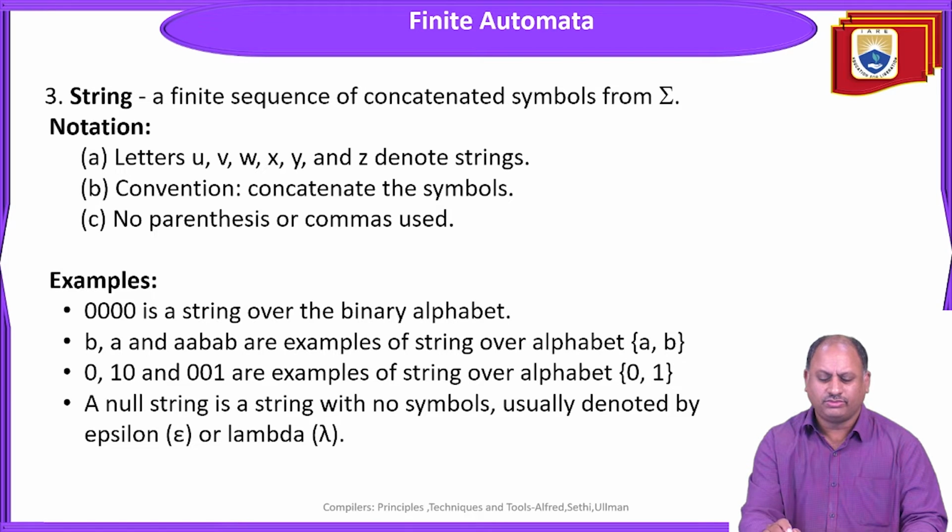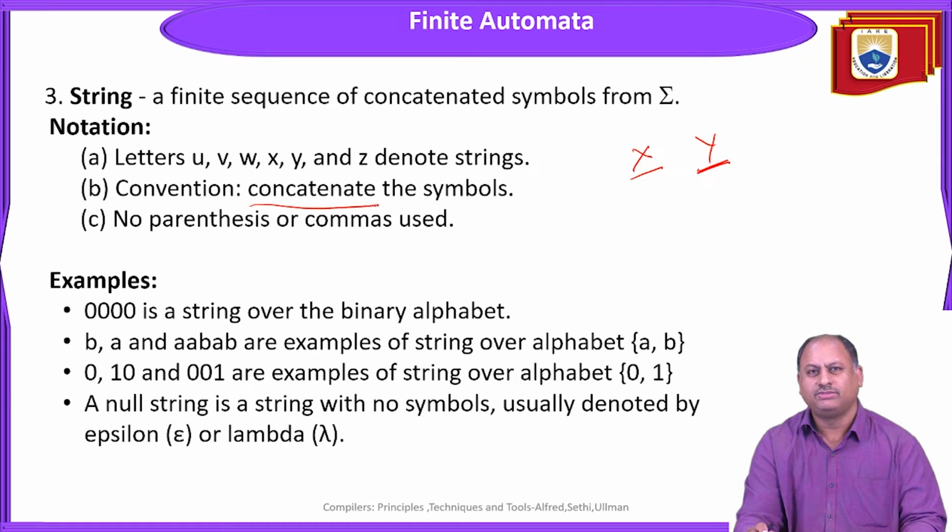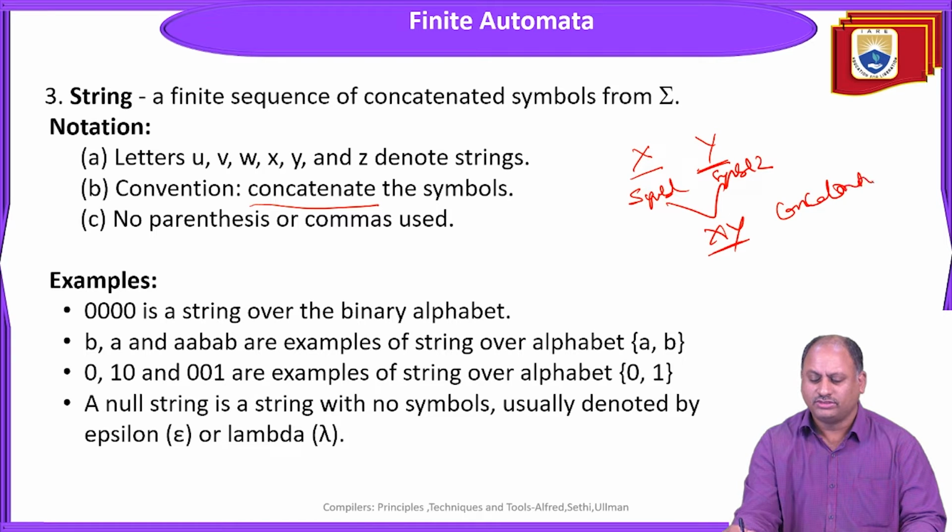Suppose, for example, two strings are available, we are going to merge the two strings. For example, X is one symbol which is available, Y is another symbol. So we want to concatenate the symbols. This is symbol 1 and this is symbol 2, and we perform concatenation of the symbols. XY is the concatenation of the symbols.